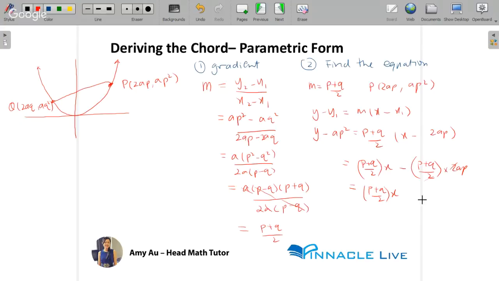The 2 cancels out, so you have ap times p, so minus ap squared, and then ap times q, minus apq. I'll just copy the left side down. You see how minus ap squared is on both sides, so they can cancel out. That means our equation is simply that.